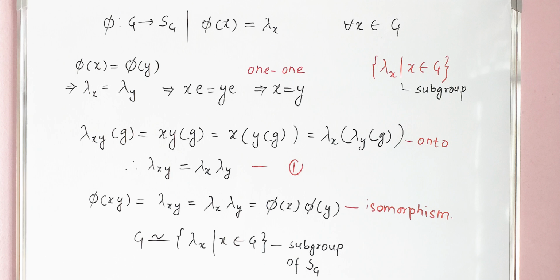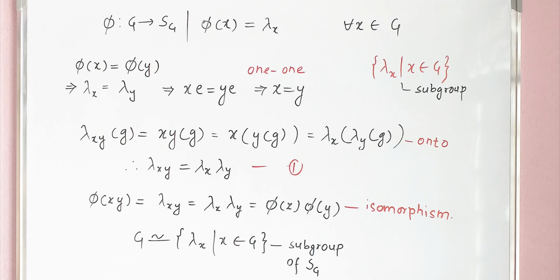This shows that lambda_xy equals lambda_x lambda_y. This is relation 1. Now we have phi of xy equals lambda_xy from our definition of phi, and lambda_xy equals lambda_x lambda_y from relation 1.